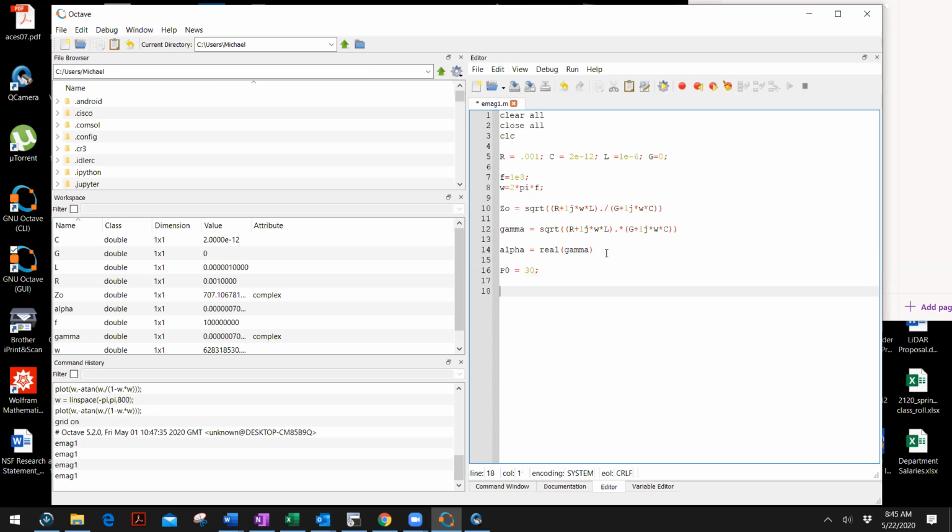Then I'm going to say that P, and I'll just call it P30, capital P30, is equal to P0 times exp of minus, and this is 2, remember the 2, times alpha times, and I'll just put Z here. And above here, I'll make Z equal to 30.